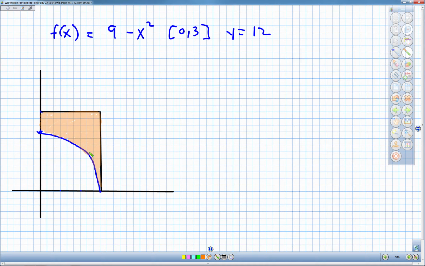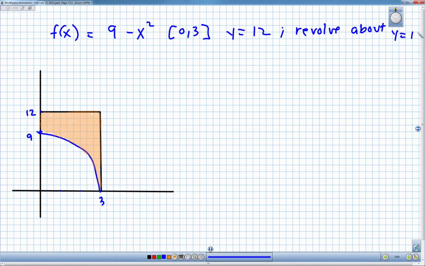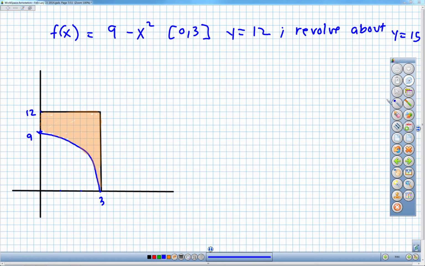Now some of you might be thinking to yourselves, what? Wait, 15, isn't that above our particular graph? It is. Revolve about y equals 15.